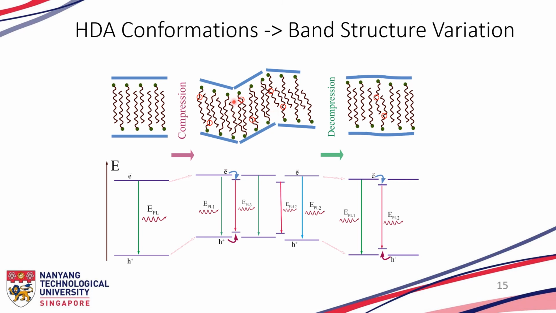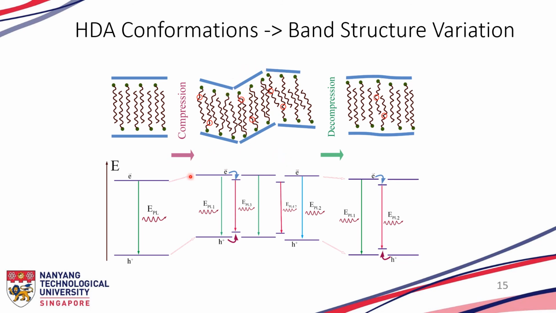So in different parts of the crystal, randomly, we have different conformations of the organic molecule. The organic molecule is bonded with the inorganic. So different conformations of the organic part will cause different octahedra tilting, different octahedra distortions in the inorganic layer.